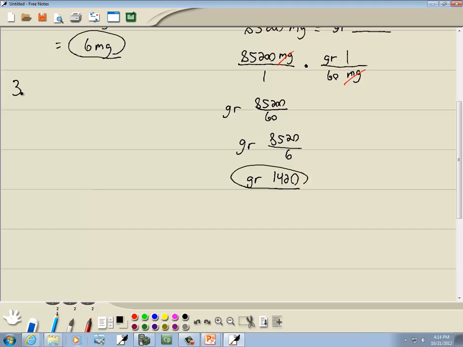Let's look at our third example. I got lots of these examples. 113.5 milligrams, and we want to change that to grains. Well, dimensional analysis. I put 113.5 milligrams over 1 times, and if milligrams is up there, then milligrams has to be down here.